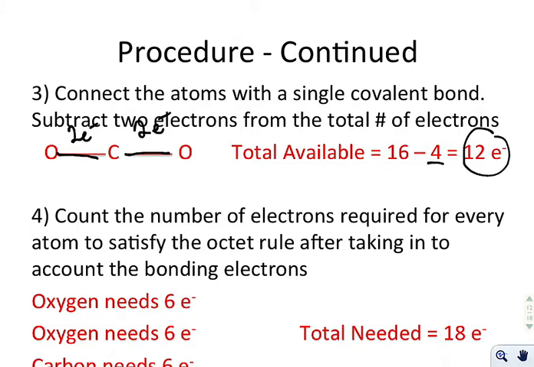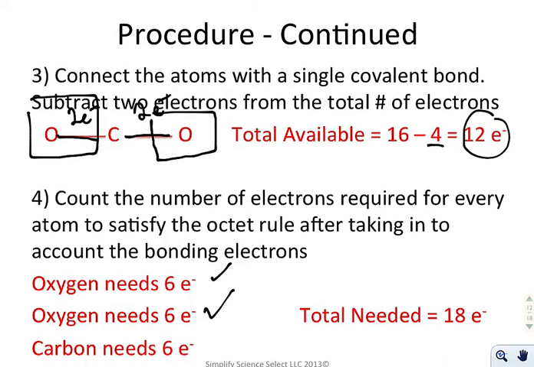This first oxygen thinks it has 2 electrons and it needs 6 more. This oxygen thinks it has 6 electrons and it needs 6 more. And this carbon thinks it has 4 electrons, so it would need 4 more.